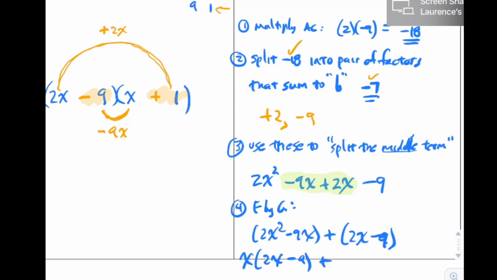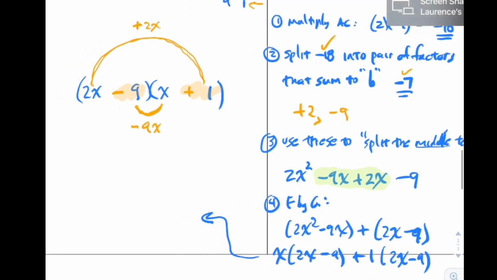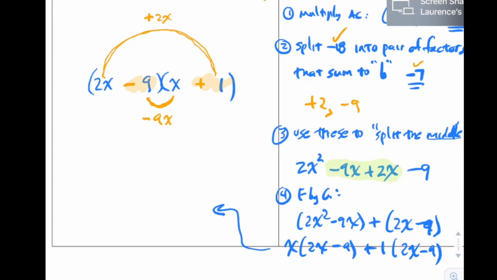And then from the second group, doesn't look like you can pull out anything, but you can pull out a 1 at least, right? So we'll pull out the 1. I've got 2x minus 9s in both of these. So I pull out the 2x minus 9, and then I have left behind an x plus a 1. And this ends up being your answer.